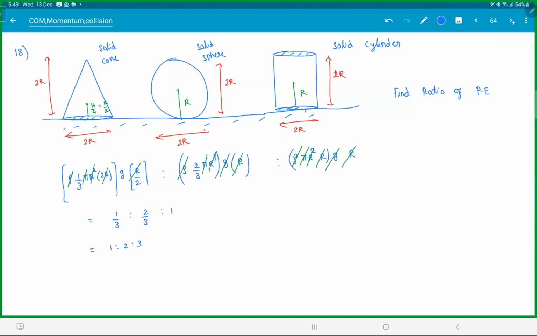Or did I go wrong somewhere? Because here this 2 and this 2 also will cancel. Hmm. 4 by, this is 4 by 3 by r cube, no? 1 is to 4 is to 3.